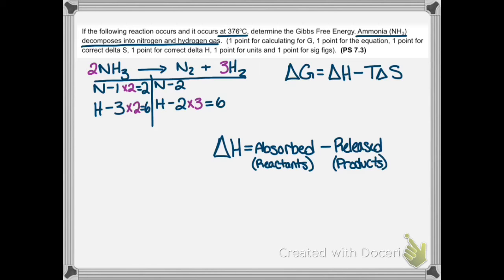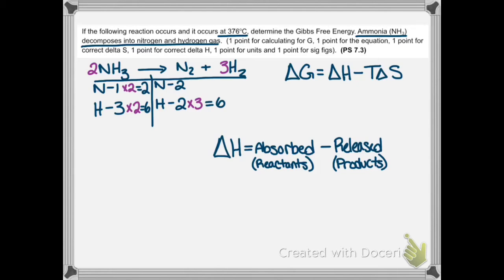So it's really our reactants minus our products for that delta H value. You have to get these from your enthalpy. Remember, delta H is enthalpy. You're going to get that from the enthalpy table that you're provided as extra resources, or that maybe you have on a different worksheet.